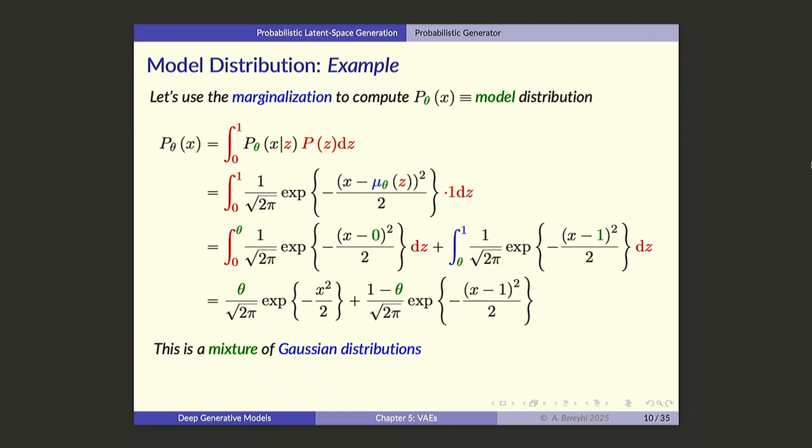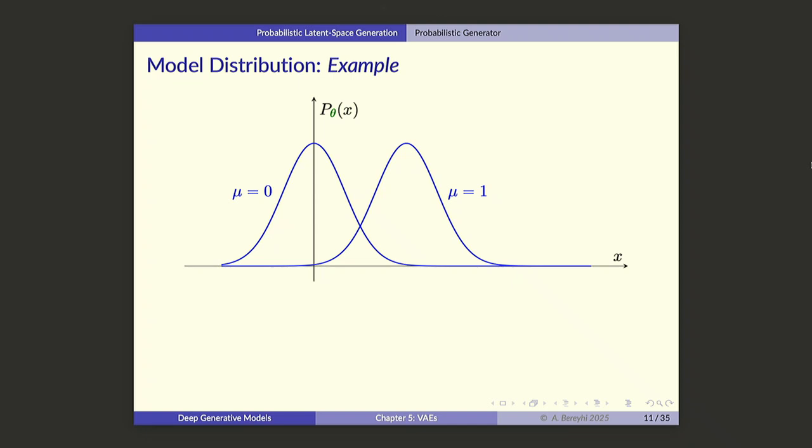Now, if you look at this particular expression, this is our data distribution. And what is the model parameter here? Theta. It's only theta, and I can play with theta to change my distribution. Let's look at it together. This is the Gaussian distribution with mean 0, and this other one is the Gaussian distribution with mean 1.